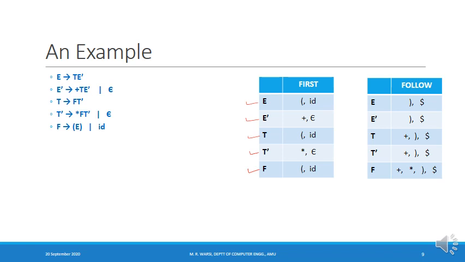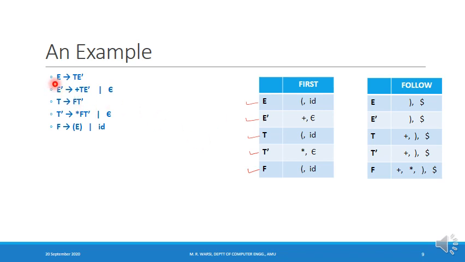Let's now calculate the follow of various variables. We begin with the starting symbol capital E. If you recall the rule number 1 in the calculation of the follow, it says that dollar will be placed in the follow of the starting symbol.